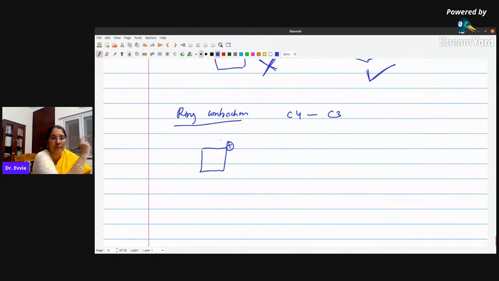When the positive charge is on the ring, it will undergo contraction. As soon as you see here, it will become a 3-membered ring. This one will break, and here it will be a free radical. So it will be like this.